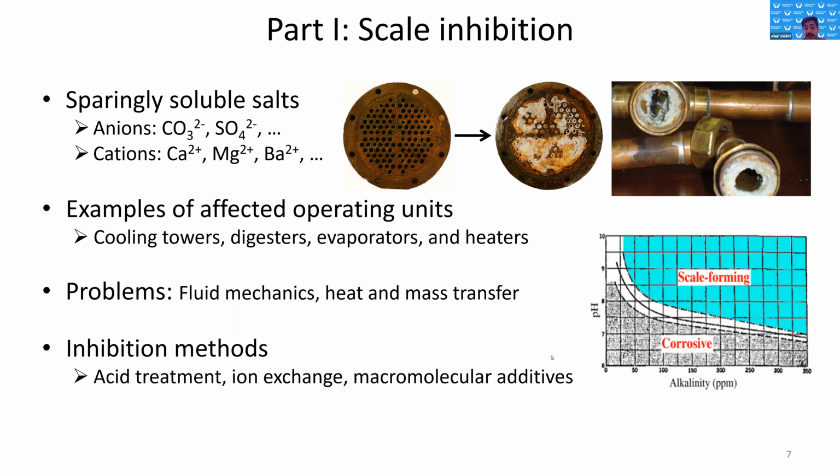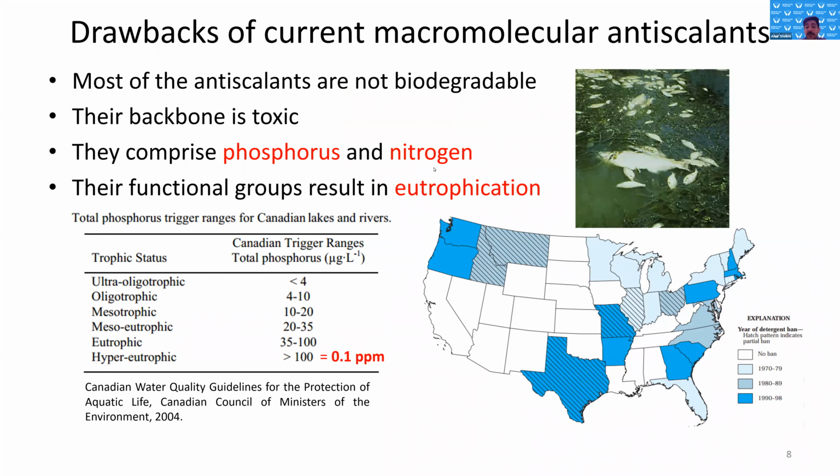The gold standard nowadays is macromolecular additives, because ion exchange methods are very, very expensive. So macromolecular additives are typically made of phosphorus or nitrogen-based macromolecules.